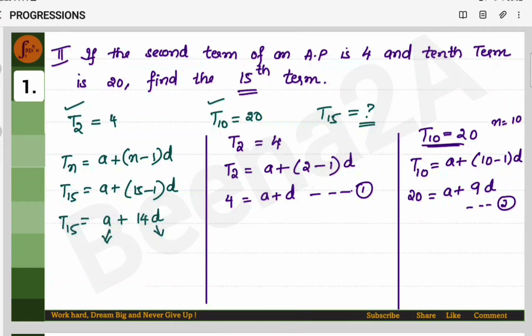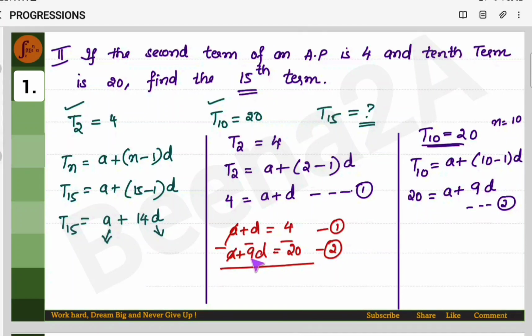How do we do that? So let's subtract these equations. That is, a plus d is equal to 4, and a plus 9d is equal to 20. This is equation 1, and this is equation 2. Now we'll subtract. Why will we subtract? If I subtract the entire equation, a and a will get cancelled, and then I can find out d.